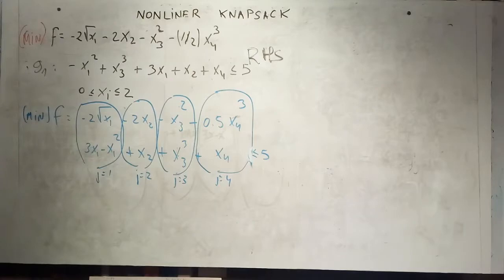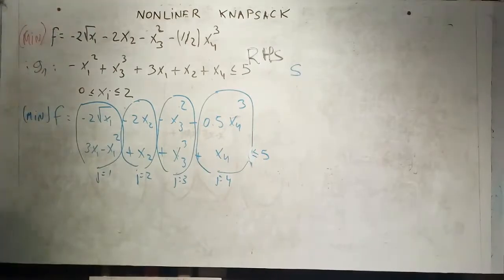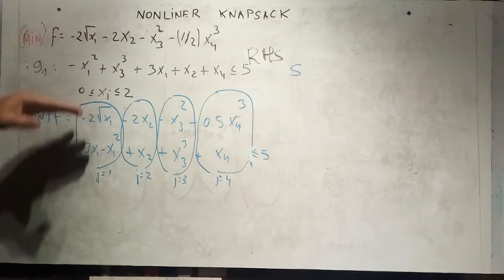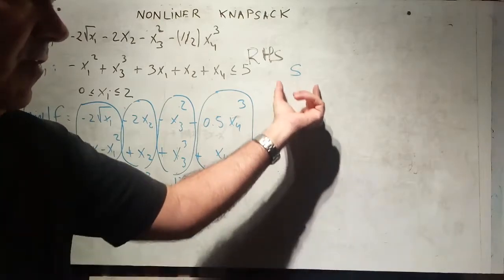In dynamic programming, as well as the decision variables, x1 to x4, we have to define a new variable that is called a state variable. Name it s, for example. In this case, it's just one variable because we have just one constraint. If there were more constraints, we would have a vector of s, right?